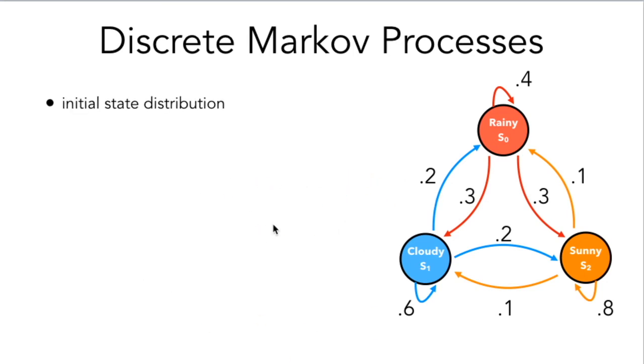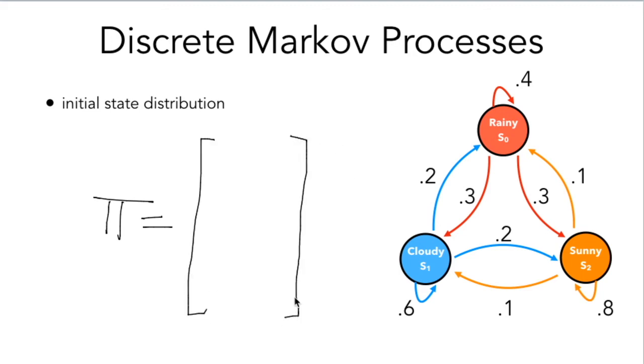So the last concept that I want to cover before we actually go on and write some code is the initial state distribution. This is nothing else but a vector, let's call it pi, that contains the probability for each of the states at the first time step.